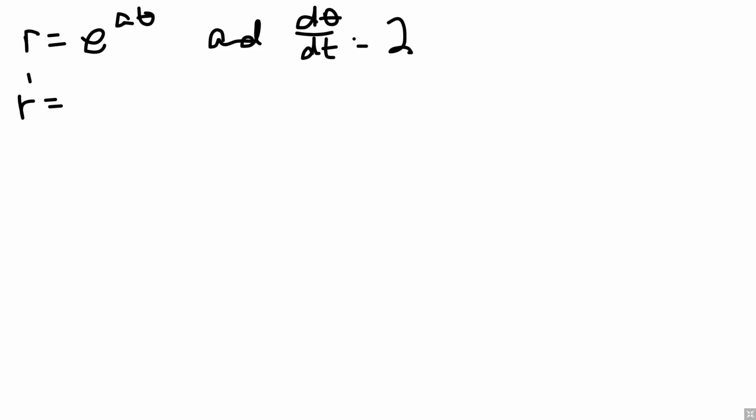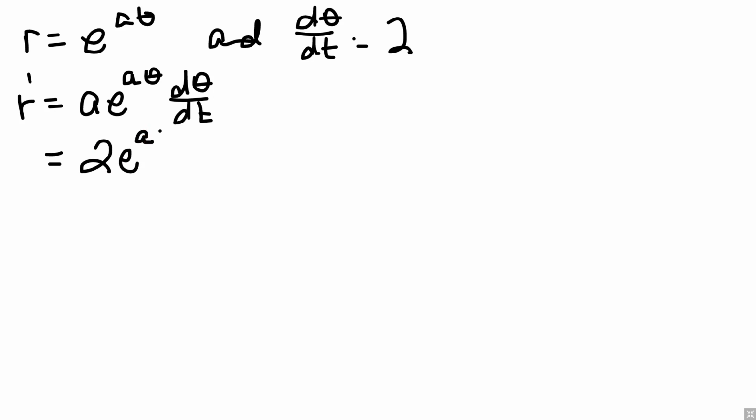R is equal to e to the a theta, and d theta dt was 2. So r dot should be a e to the a theta d theta dt, or we're going to end up with 2e to the a.